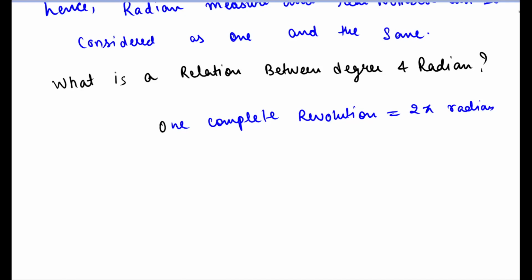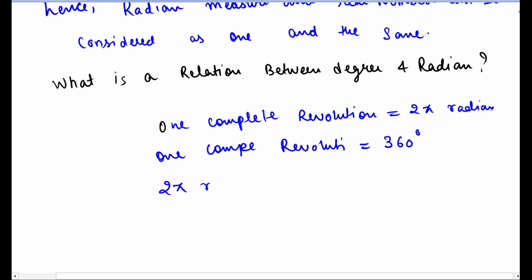And if we write it in degrees, then one complete revolution is equal to 360 degrees. So from this we can write 2 pi radians is equal to 360 degrees.